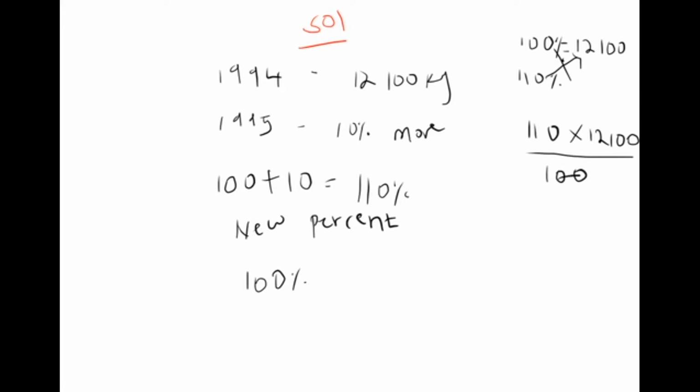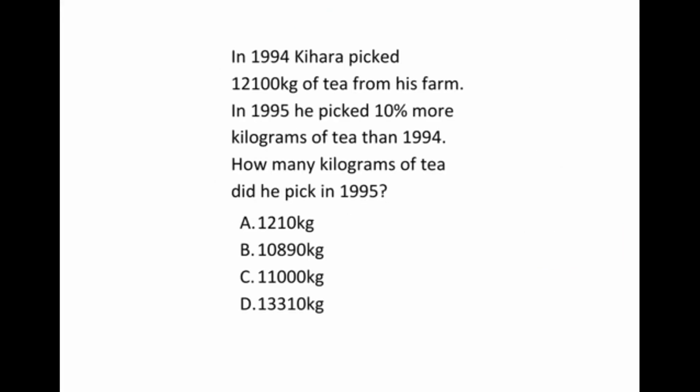Therefore, we cancel this 0, this 0. 110 times 121 will give us 13,310 kilograms. Therefore, our correct answer will be choice D, which is 13,310 kilograms.